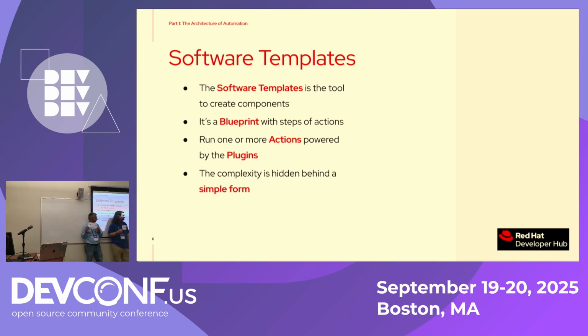The software catalog is the place where you can go in and know what components are there. For example, in the software catalog, you can see plugins, you can see documentation, and you can see APIs. In the workflow, the software template can talk to each one of them by way of a YAML file.